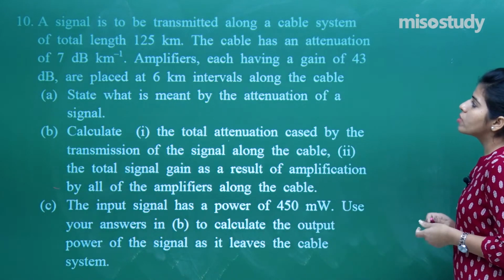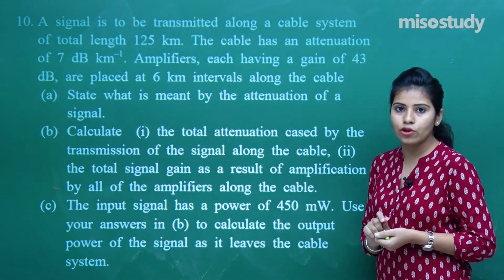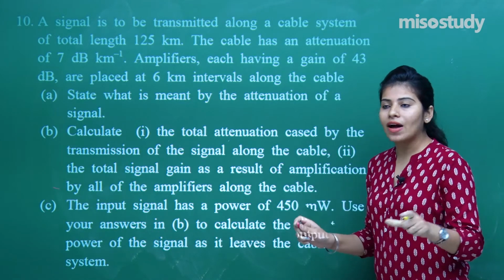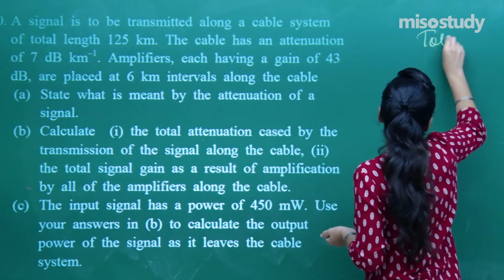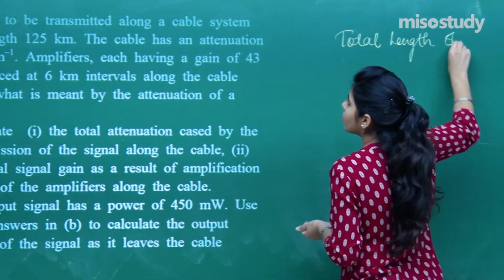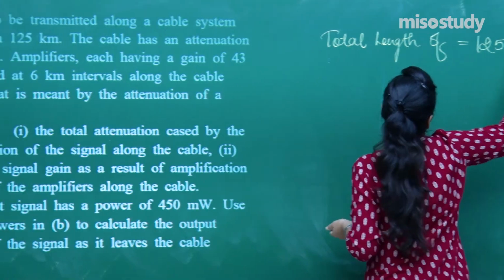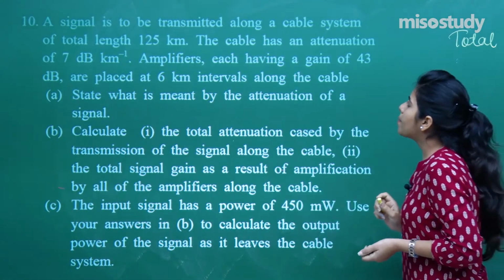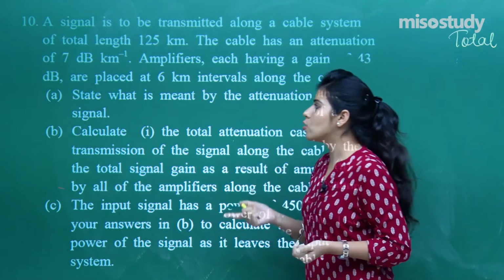A signal is to be transmitted along a cable system of total length 125 km. The total length of the wire is 125 km. You can read the question. The cable has an attenuation of 7 decibels per kilometer.